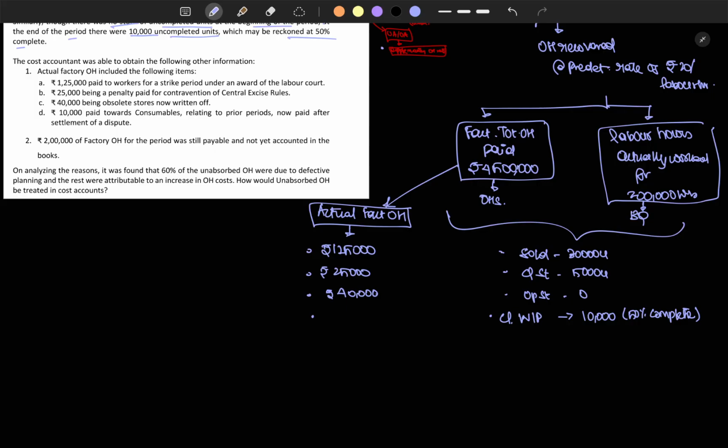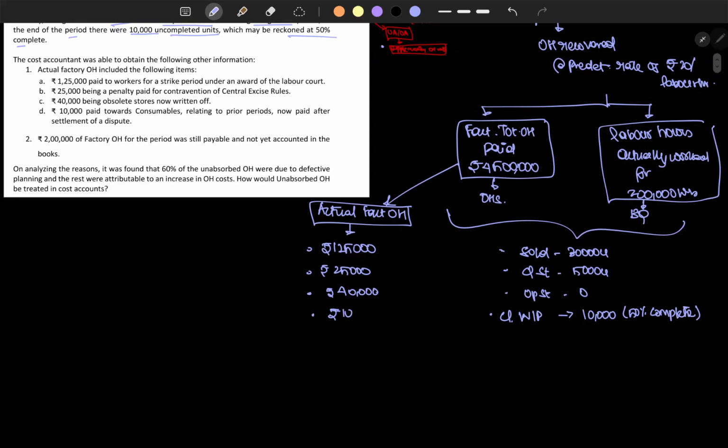So these are all old entries. We have to remove these entries from the current period, so then only we can easily match the thing.